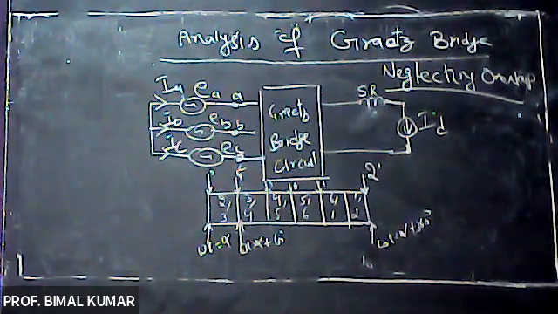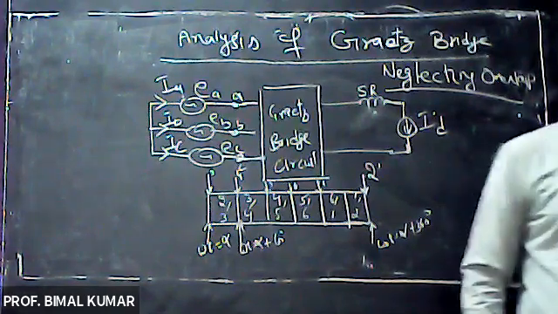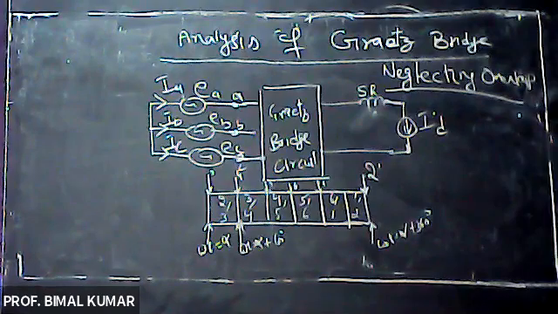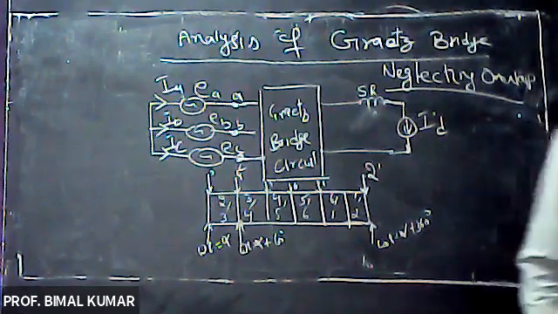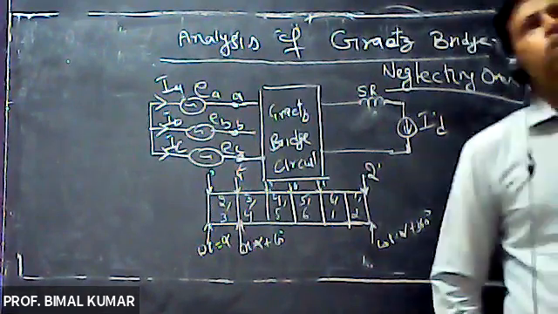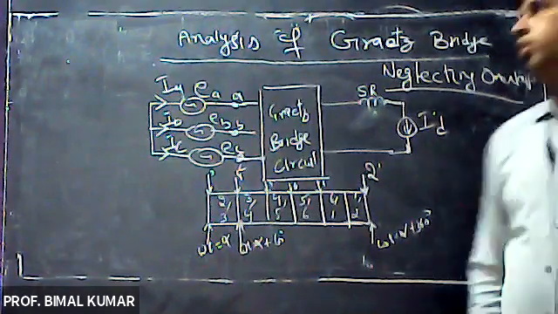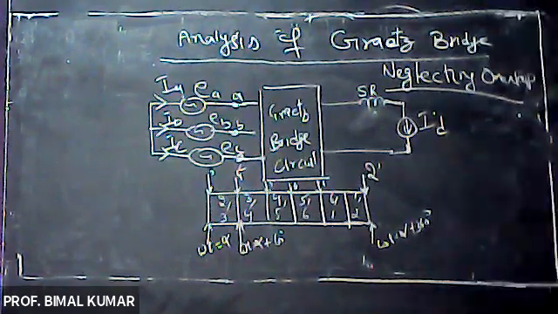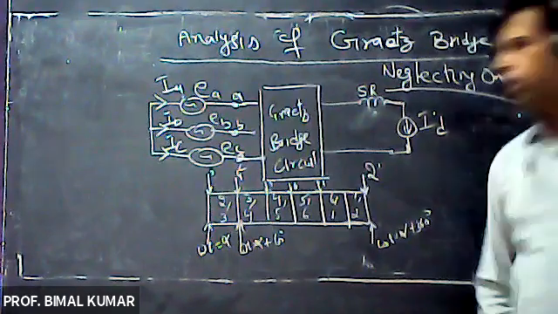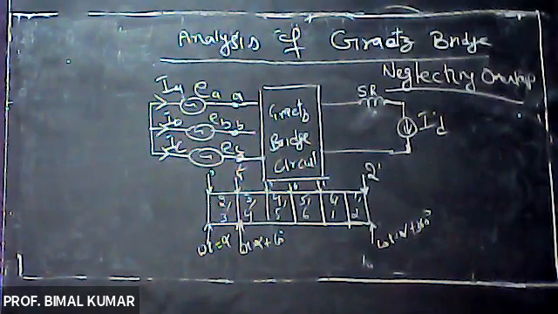Now, each of these switches, that is S1 to S6 in the Graetz bridge, is made of series-connected thyristor devices, because here we are dealing with high voltage, since we are applying this for HVDC transmission. The Graetz bridge is connected to the HVDC transmission line.